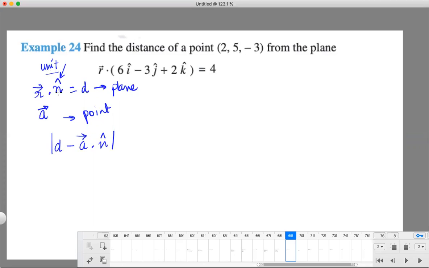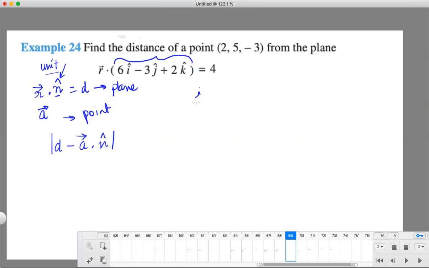But this requires this vector to be the unit vector. However, this is clearly not a unit vector. We don't even have to really calculate the modulus here. Everything is bigger than 1, so of course the modulus will be bigger than 1. So we can get it in this form by dividing with the modulus of this. Okay, so let's do that.